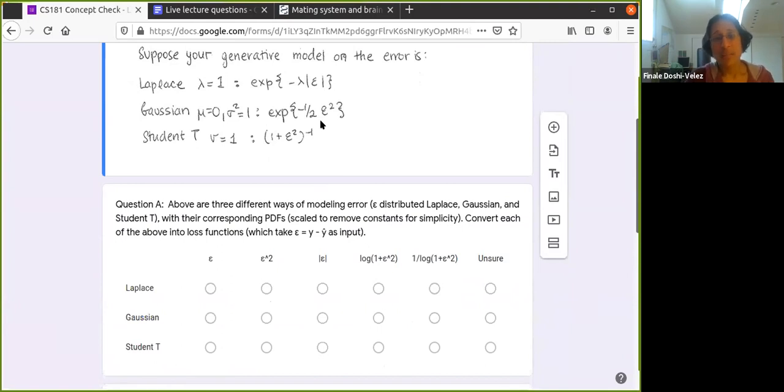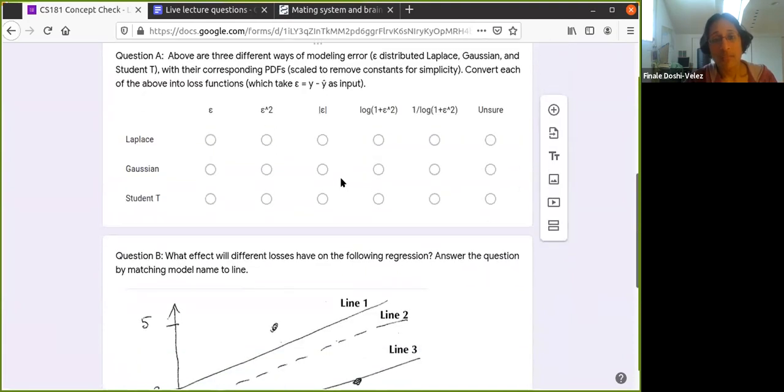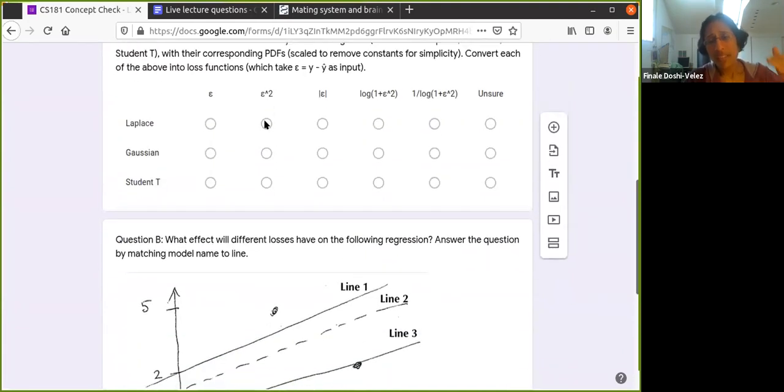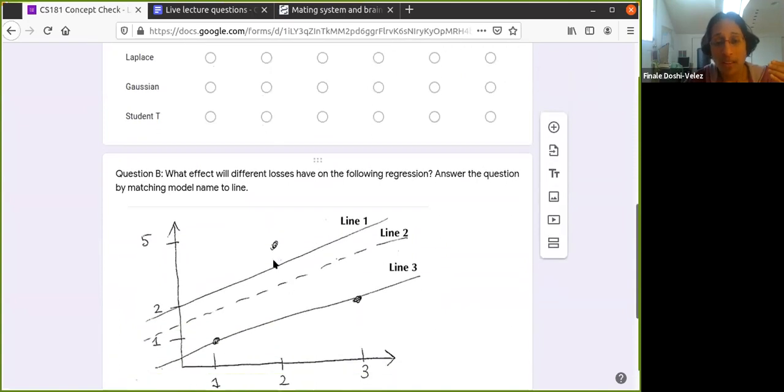And then there's an exponential involved. So the Gaussian noise is really unhappy with this point not being well described. If I drew line number 3, the Gaussian is pretty upset because it's like, this is a huge error, I just can't deal. If you move the line up, I can deal with a bunch of small errors.